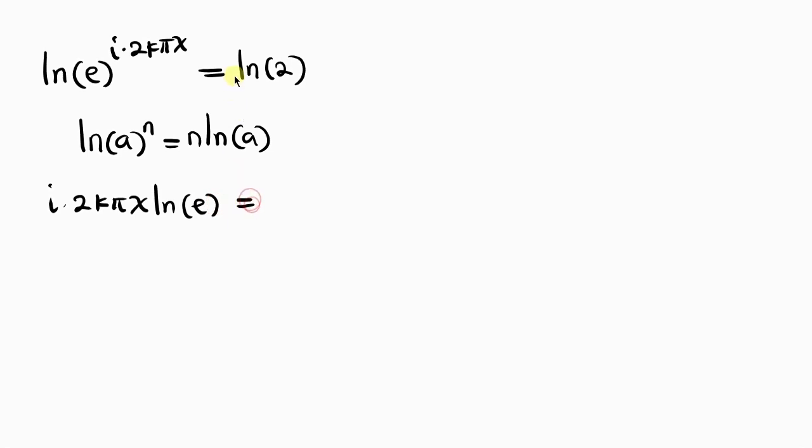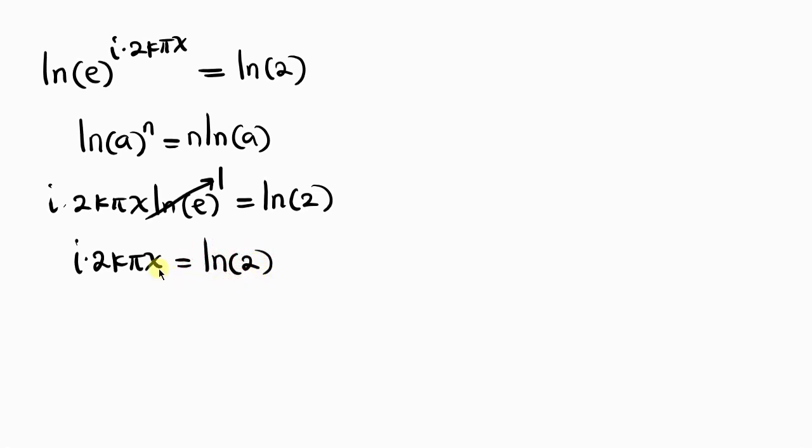And this is equal to the right hand side, ln 2. Now obviously, ln e is actually 1. And if we multiply 1 by this expression, we get the same thing. So this is i times 2k pi x equal to ln of 2.